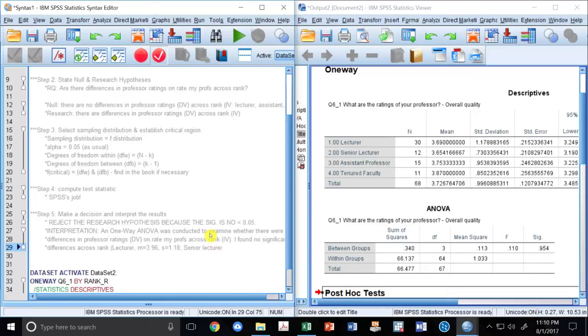Senior lecturer would be mean of 3.65, the standard deviation of 0.73. Then I would do assistant professor.